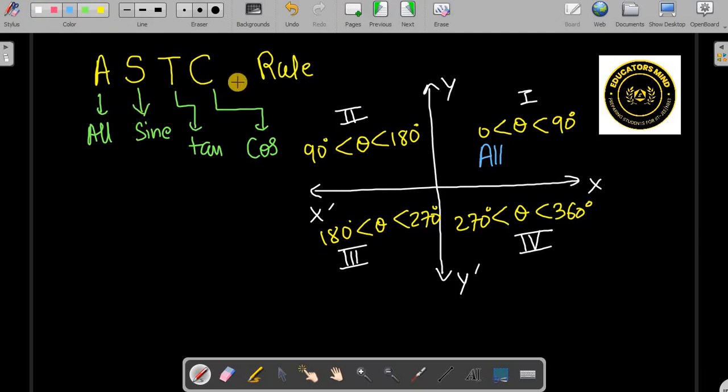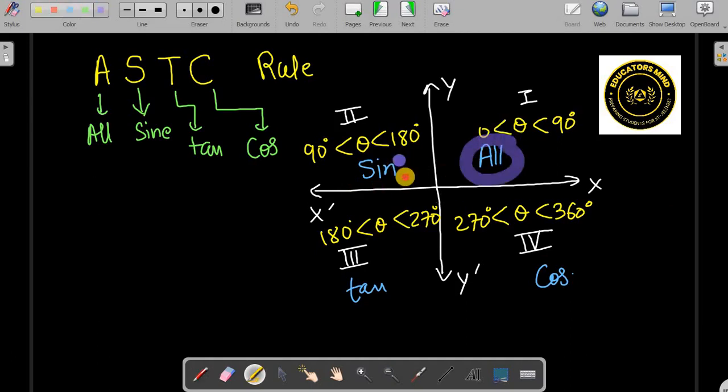Here sine is positive, so cosecant will also be positive, right? Then in the third quadrant tan is positive, so cot is also positive, and in the fourth quadrant cos is positive, so secant will also be positive because they are reciprocals.